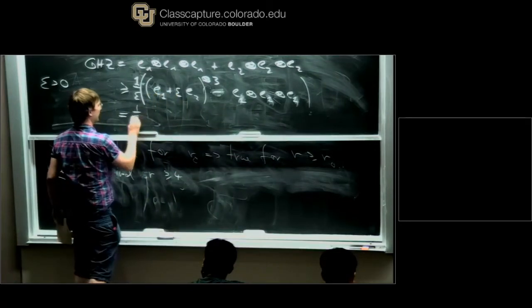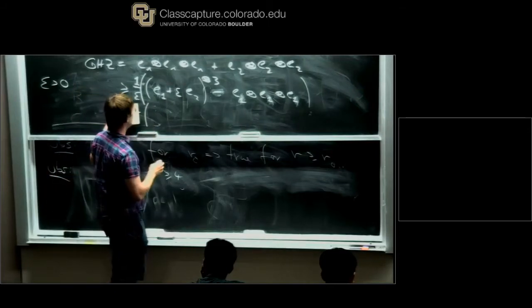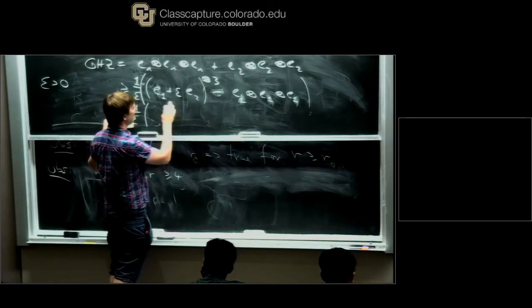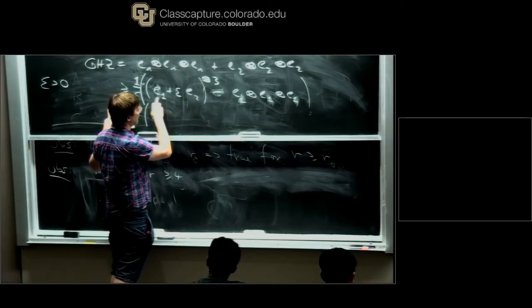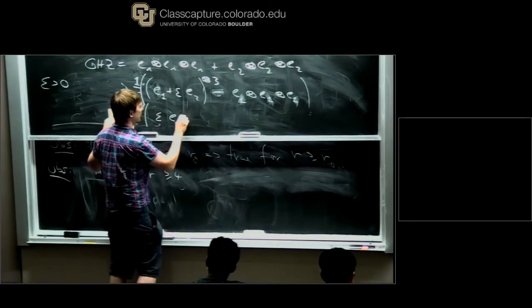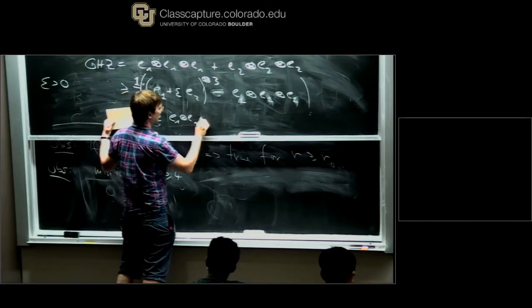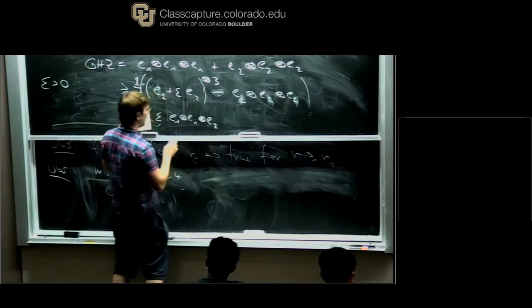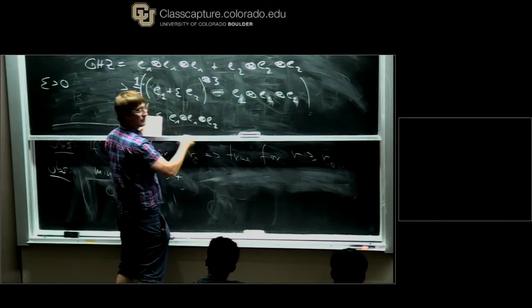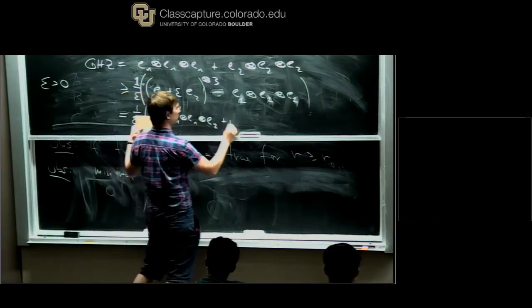So this is 1 over epsilon, put a big bracket, and the E1 tensor E1 tensor E1 term goes away. The next term is E1 tensor E1 tensor epsilon E2, so it's epsilon times E1 tensor E1 tensor E2. And now you see that the other terms are just the permutations of this, plus permutations of this.